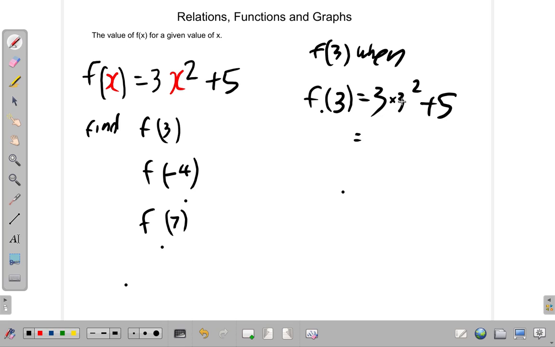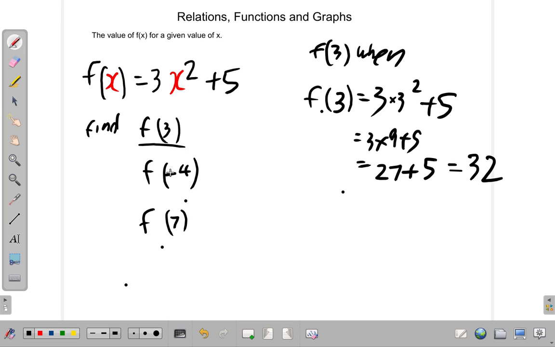So 3 squared is 9, so it's 3 times 9 plus 5. 3 nines is 27 plus 5, and 27 plus 5 is 32. So the answer for this part is 32. Hope that's what you got.